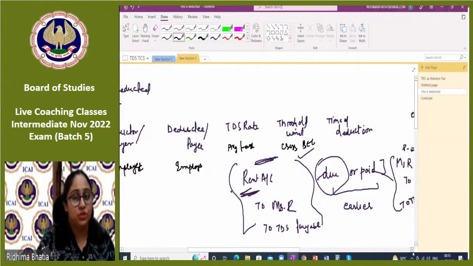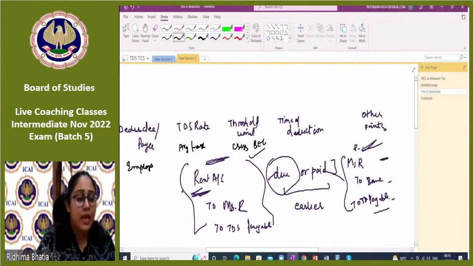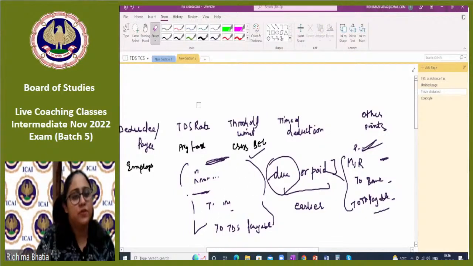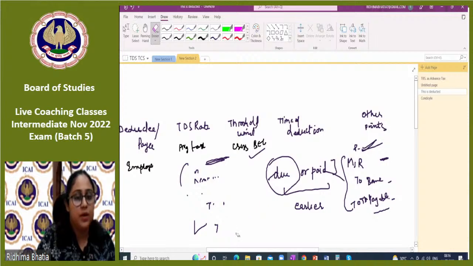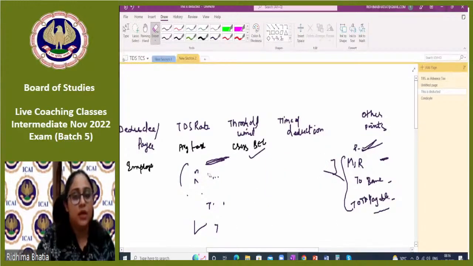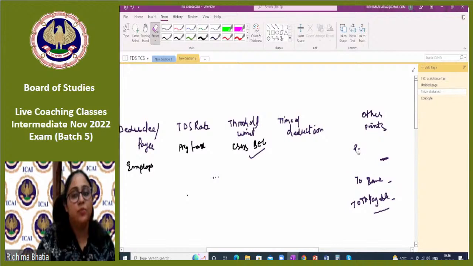Time of deduction. Students, you said, Ma'am, you told us due or paid, whichever is earlier. Yes, I told due or paid whichever is earlier. But here there are certain sections on which the TDS is only to be deducted at the time of payment.